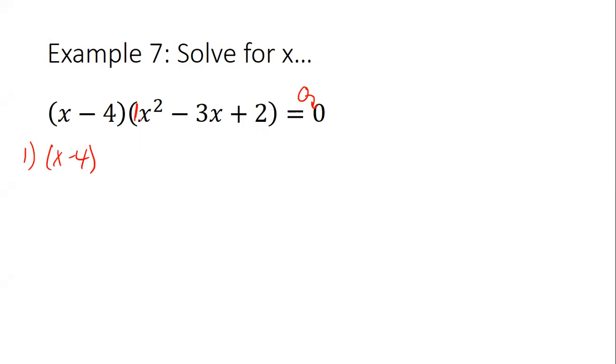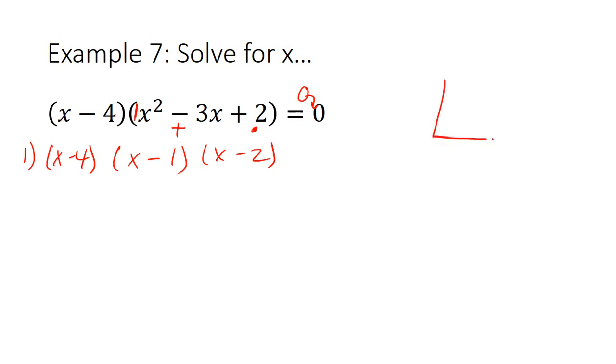Because a equals 1. So you actually are just asking yourself what multiplies to give me 2, but adds to give me negative 3. A negative 1 and a negative 2. Do we see that? So I have x minus 1 and x minus 2.